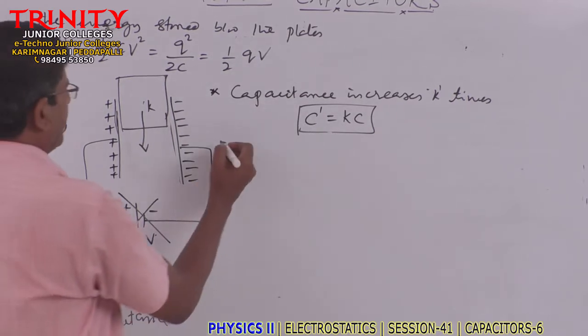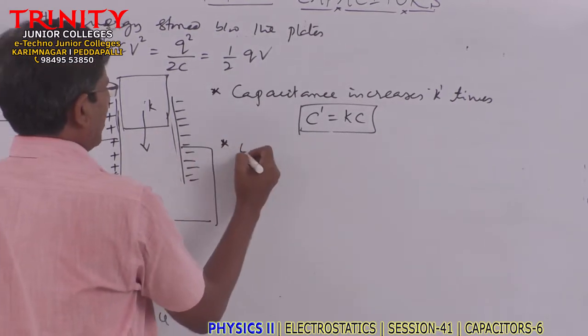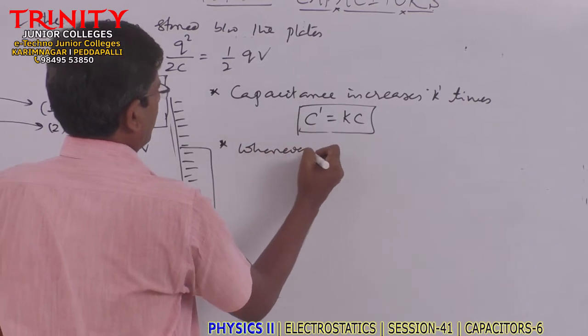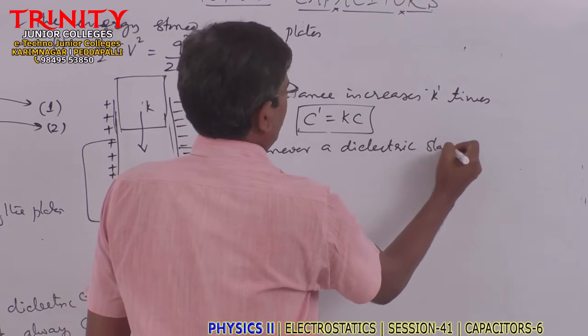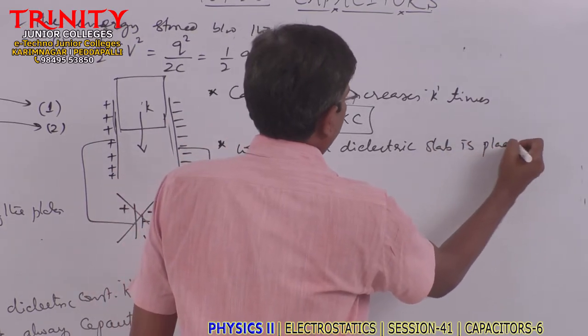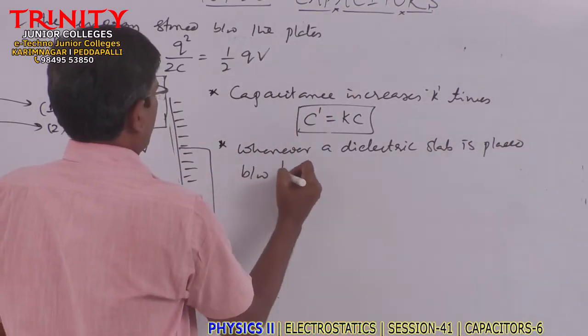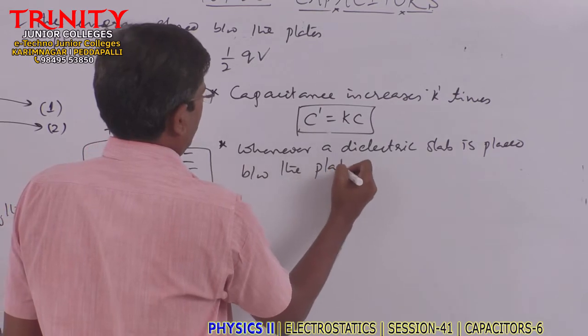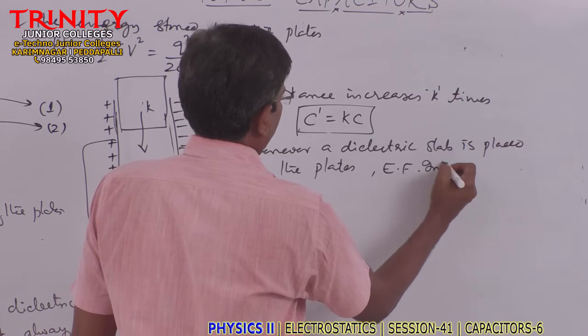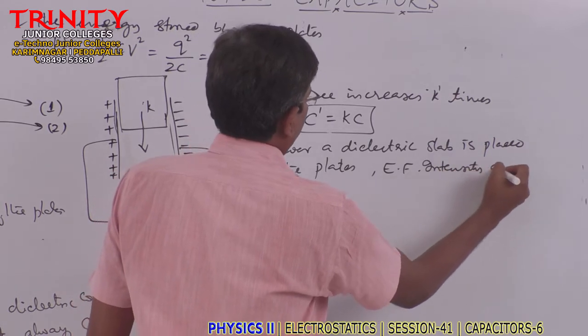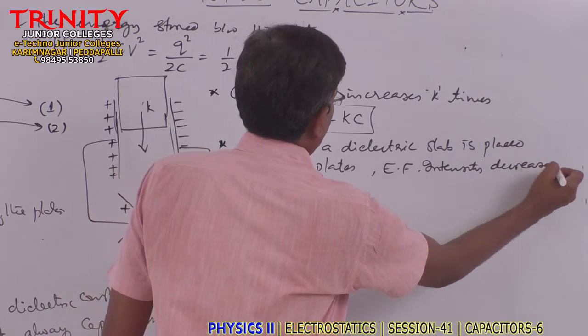Now, yesterday we discussed whenever a dielectric slab is placed between the plates, always, that means here where the battery is not there, electric field intensity decreases.